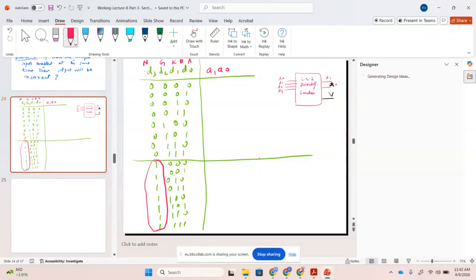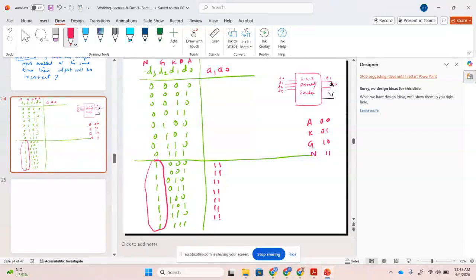What is the code for Nuruddin? We have A, K, G, and N. So Nuruddin is 1 1, Ghala is 1 0, Kaiser is 0 1, and Abdullah is 0 0. It means that Nuruddin has raised his hand, so we ignore the other ones. So the code will be actually 1 for all of them, all 1s. Got it or not got it? So this is the code for Nuruddin.